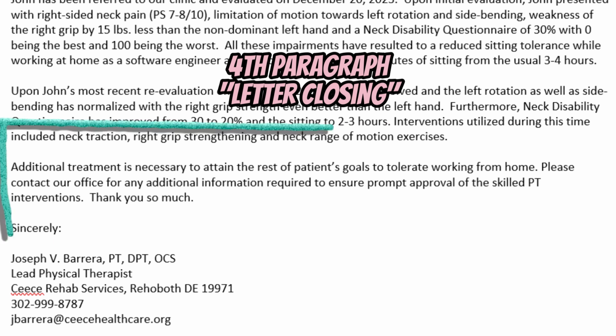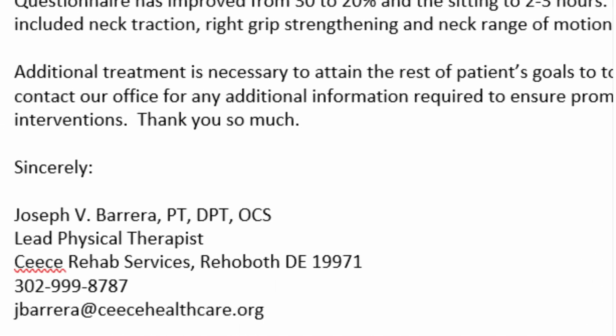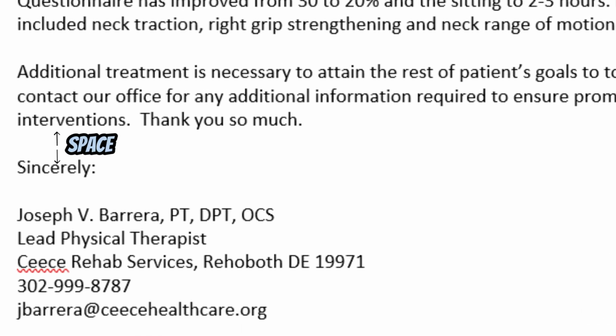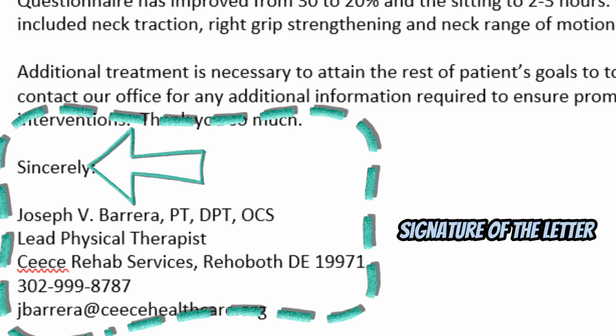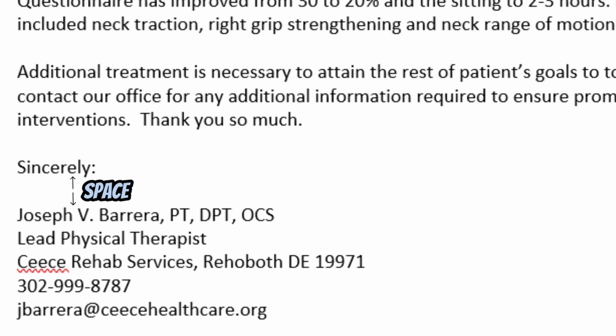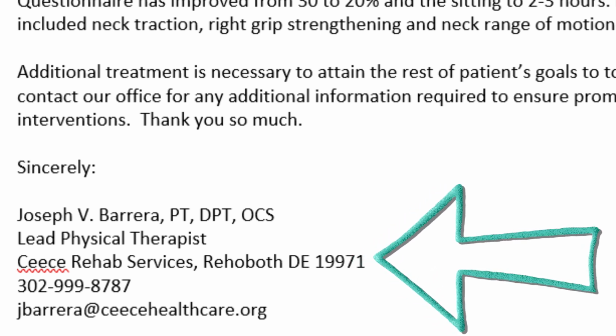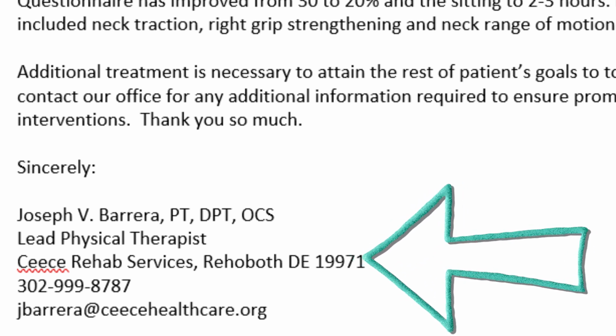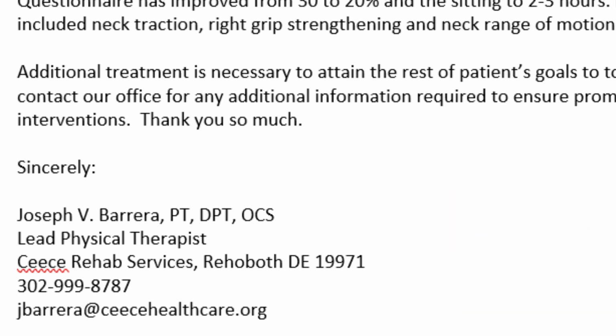Thank you so much. After that, you allot another space below, then start your signature with sincerely, then add another space below, then your name and designation, along with your address and contact information. It should be written like this.